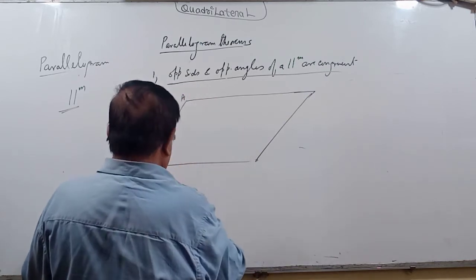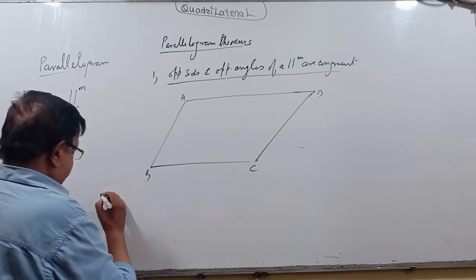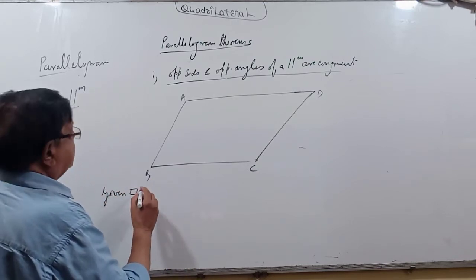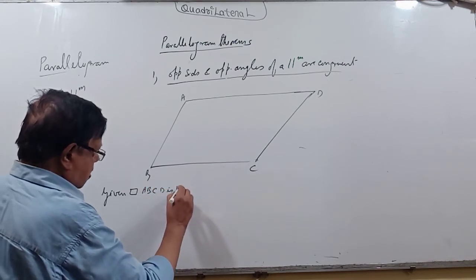A, B, C. Given: quadrilateral ABCD is a parallelogram.